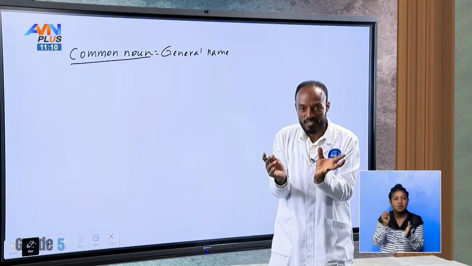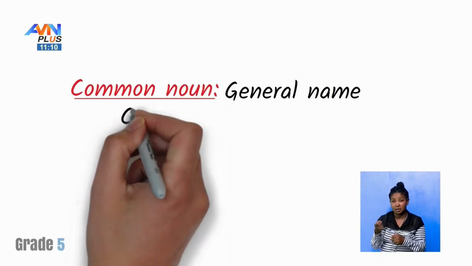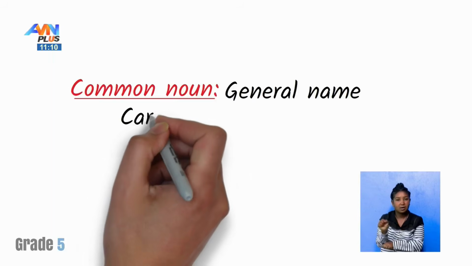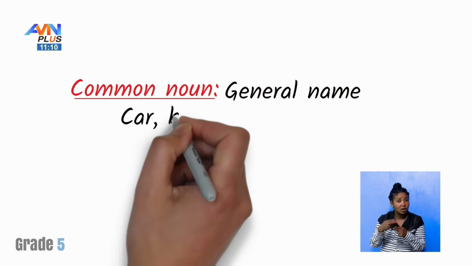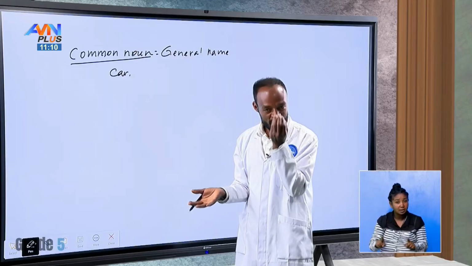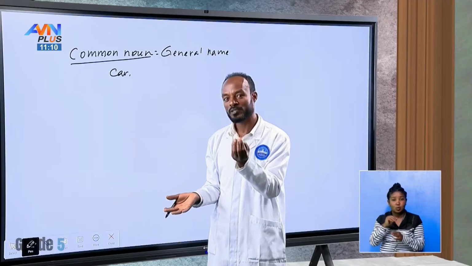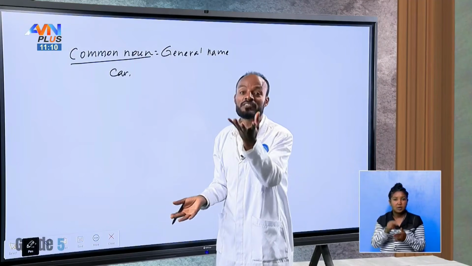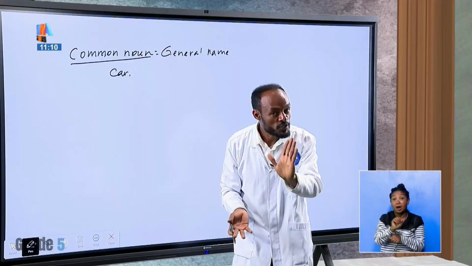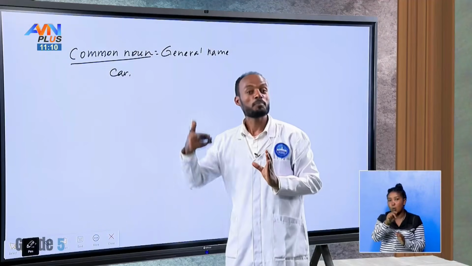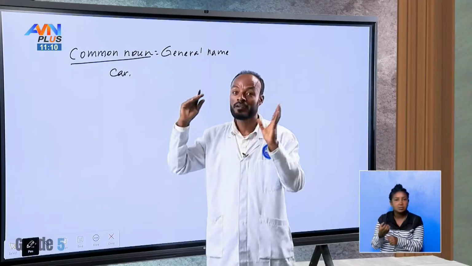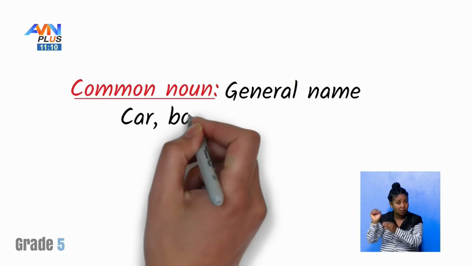For example, when we say here car, it is the general name. But if we're talking about a V8 car, that is specific. So that is proper. But we're saying car in general, okay?